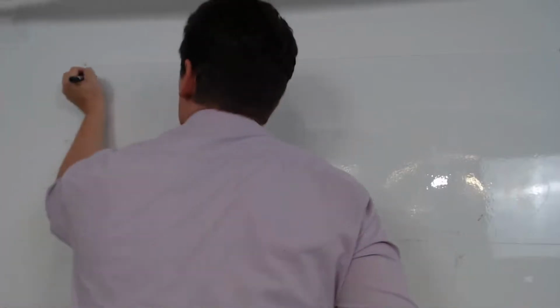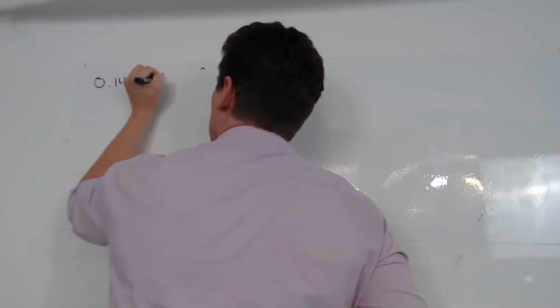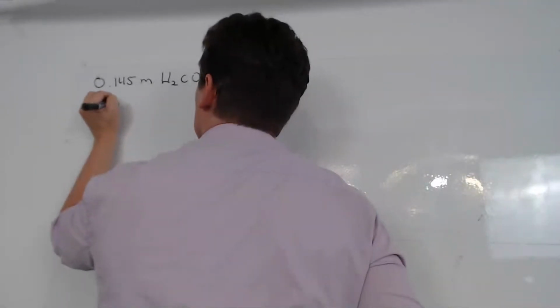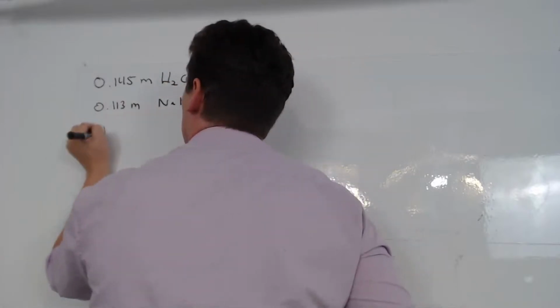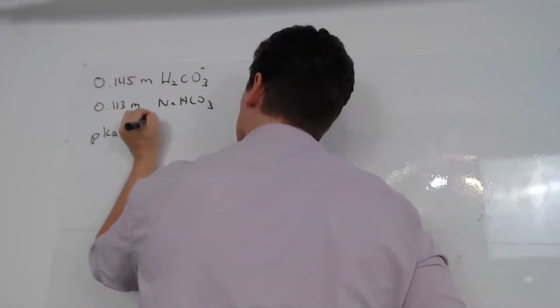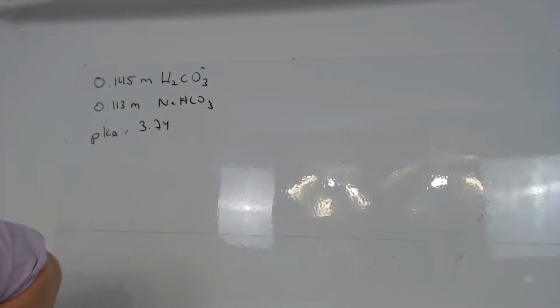It wants to know the pH of a solution that is 0.145 molar carbonic acid, H2CO3, and 0.133 molar NaHCO3 if the pKa equals 3.74. It is page 7 in the packets.